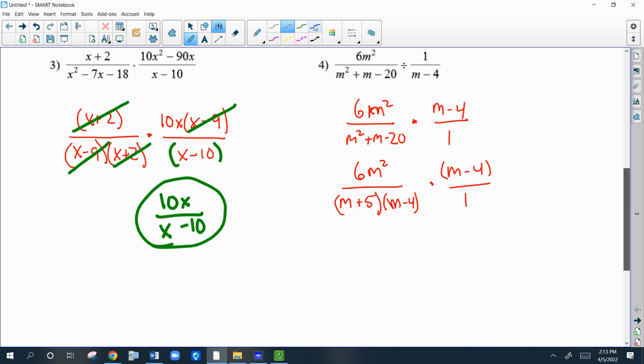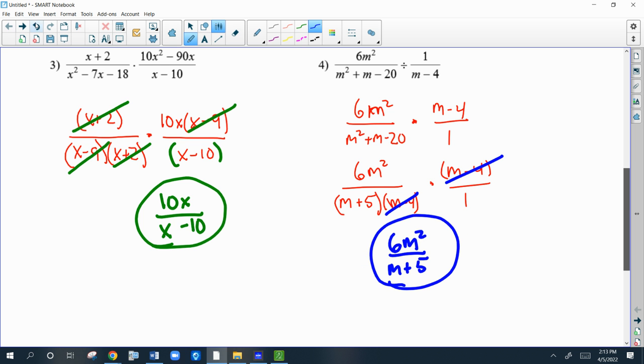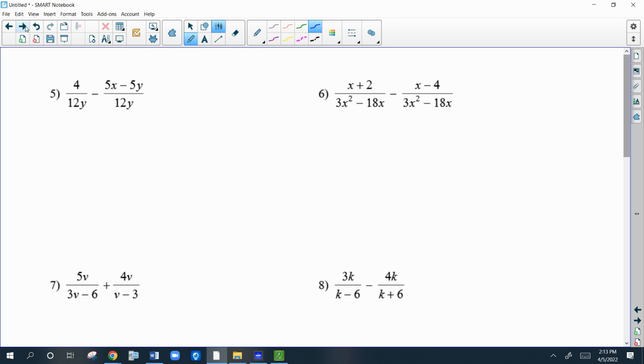So now we're going to cancel like factors on top and bottom. There's nothing else to do here. So 6m squared is left on top, and m plus 5 times 1 is on the bottom. And that is all. So we're on a roll here. We'll keep going and finish this up.